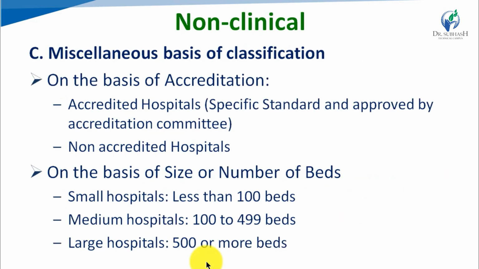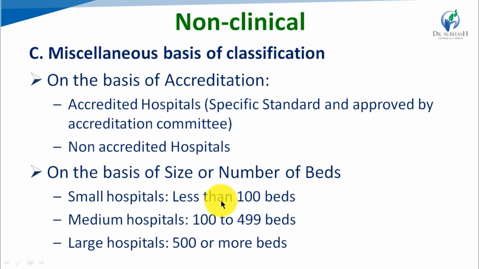Then miscellaneous basis of classification. Here we consider accreditation, whether the particular hospital is accredited or not. On that basis, we have accredited hospitals, with specific standards approved by the accreditation committee, and non-accredited hospitals. Then on the basis of the size, or the number of beds present in the hospital.